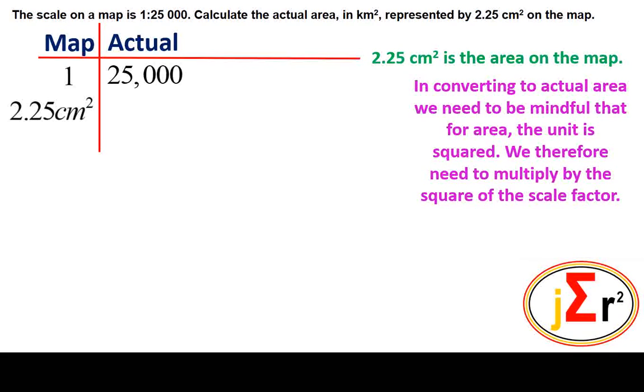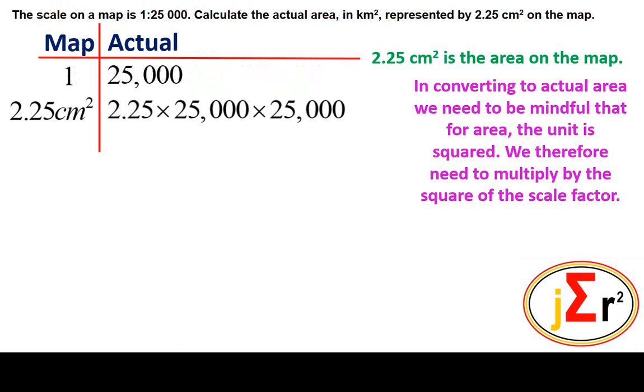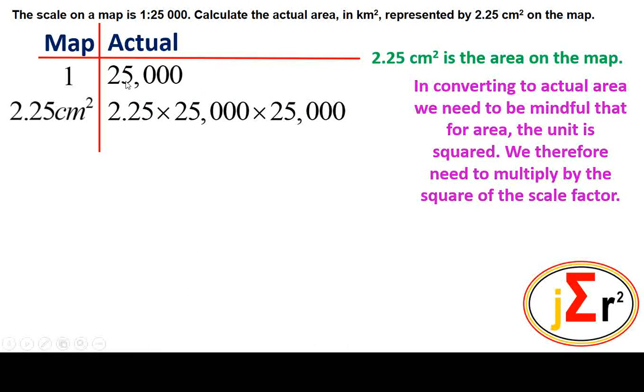We therefore need to multiply by the square of the scale factor. We have 2.25 centimeters squared on the map, and we are converting that to actual area, which we should really multiply by the scale factor, which is 25,000.